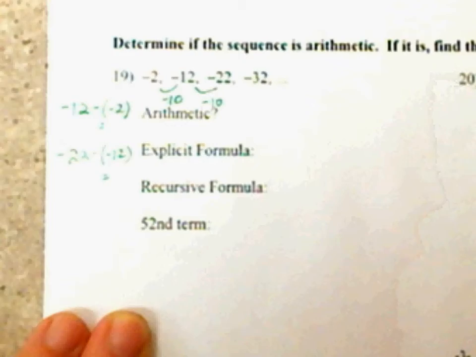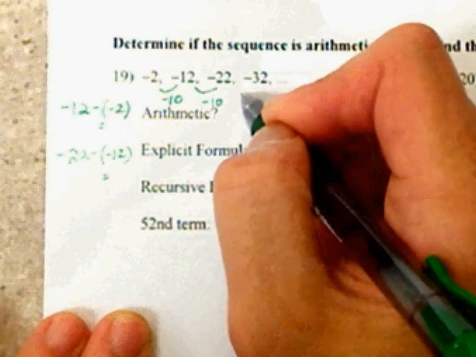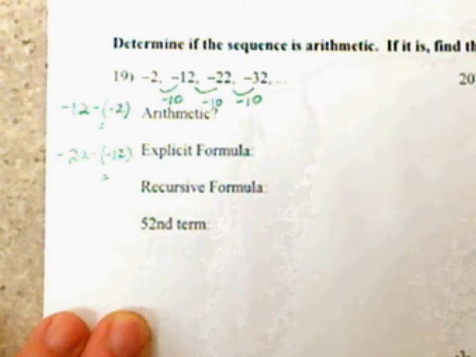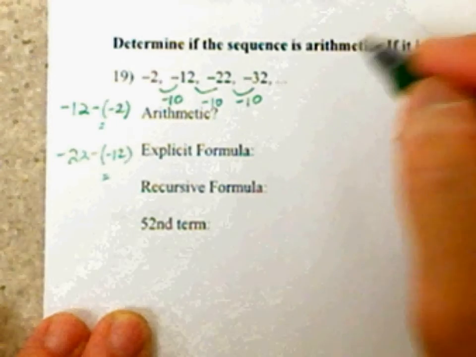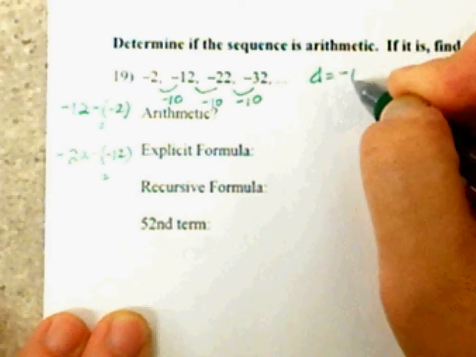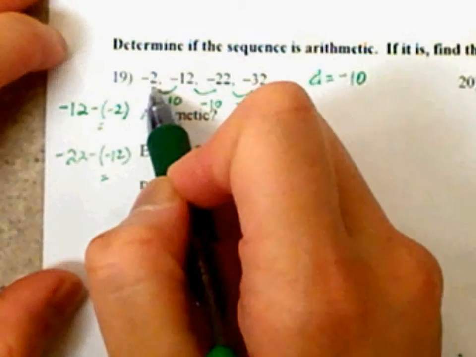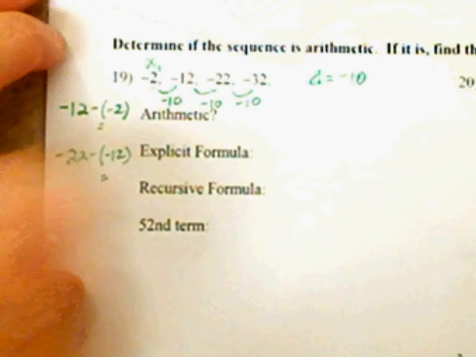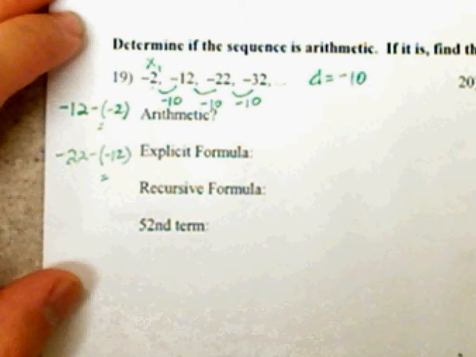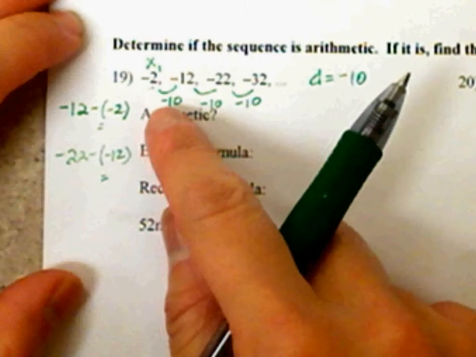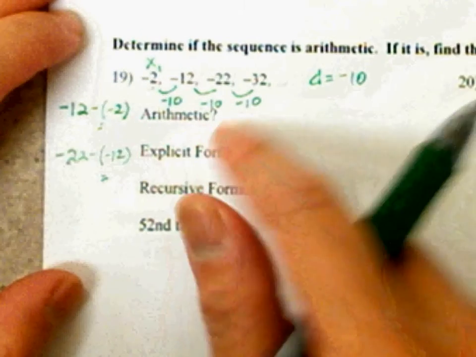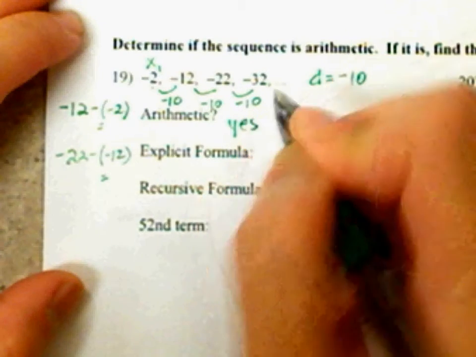So you're starting to see a pattern, and that pattern is I'm going down 10 every time. So your d is equal to negative 10. This very first number is called the first term, x1. It's just naming it. That's all it is. Now, you notice how it goes down in pattern? Therefore, this is an arithmetic sequence. So the answer is yes.